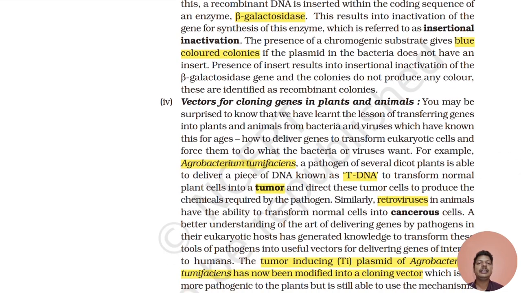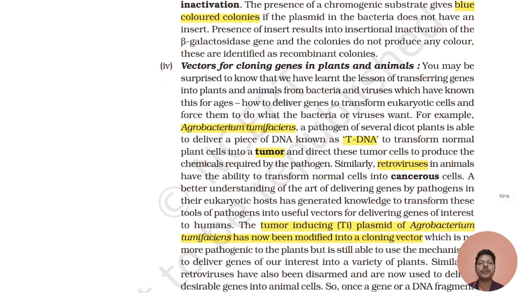Then, vectors for cloning genes in plants and animals. Here, Agrobacterium tumefaciens, a pathogen of several dicot plants, is able to deliver a piece of DNA known as T-DNA that transforms normal plant cells into tumors and directs these tumor cells to produce chemicals required by the pathogen. Similarly, retroviruses in animals have the ability to transform normal cells into cancerous cells.